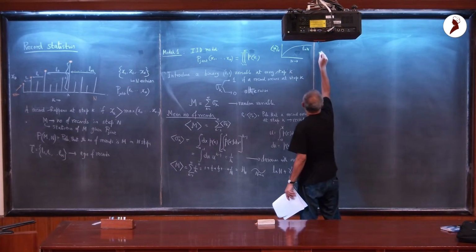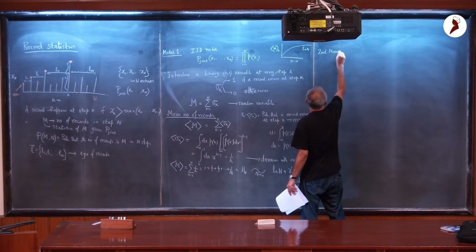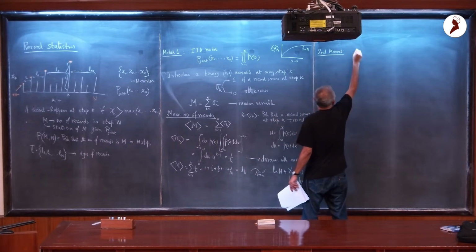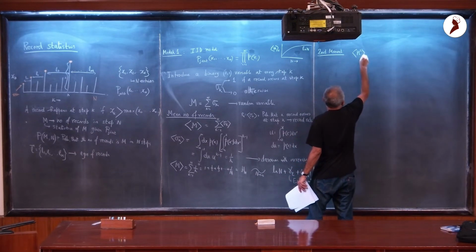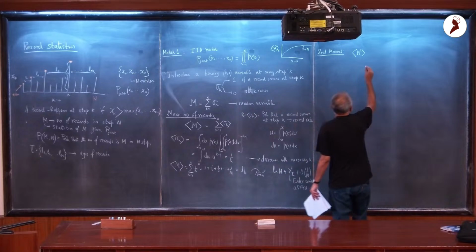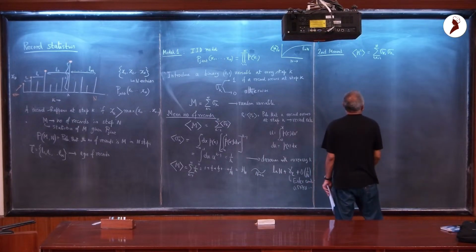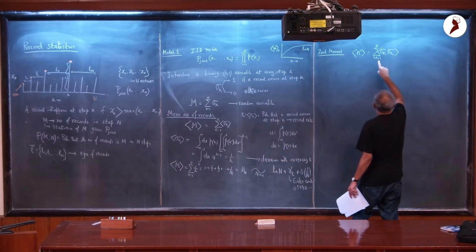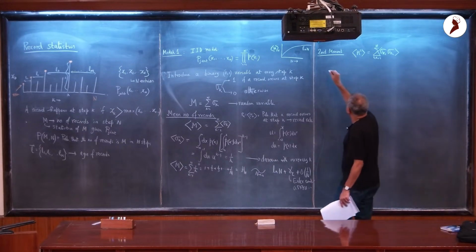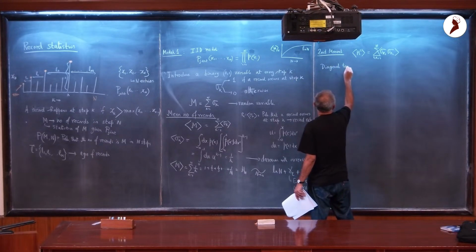So now let's calculate the second moment, for instance, if you want to compute the variance, the fluctuations around the mean. So again, my definition of m is this. So m squared will be the expectation value of that. Now in this sum, there will be some diagonal terms when k1 equal to k2.